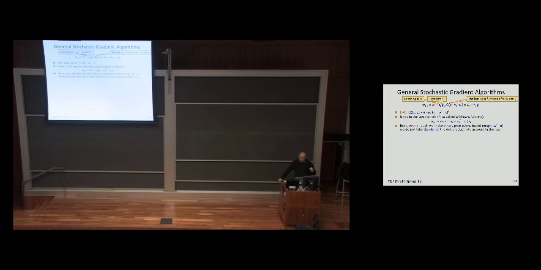Notice the difference between what this does and what Perceptron does. Even though we're making binary predictions, the way you predict is you take the dot product and you take the sign of it. If it's positive, you say yes. If it's negative, you say no. Nevertheless, in the loss, you just take the dot product. So it's y minus the dot product. You don't take the sign when you compute the loss.